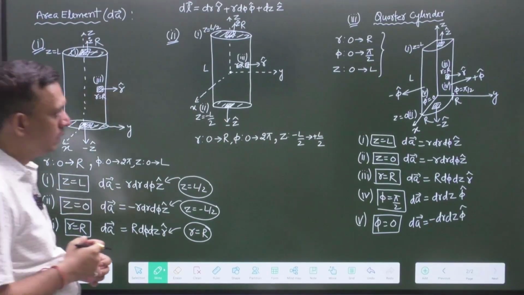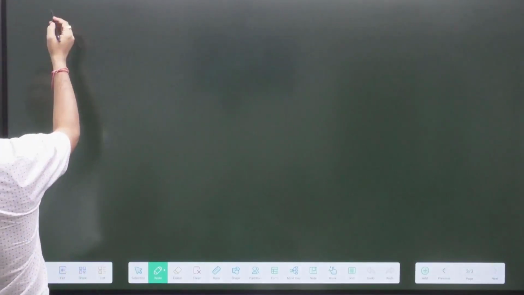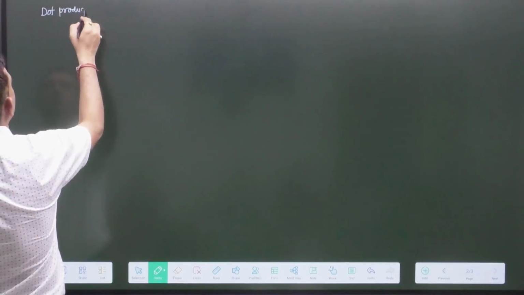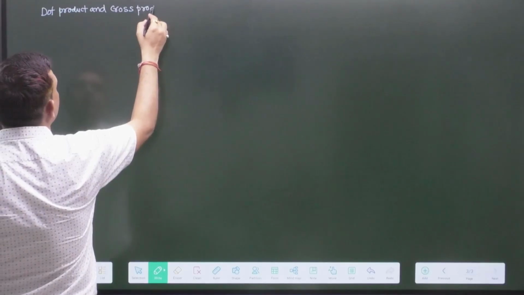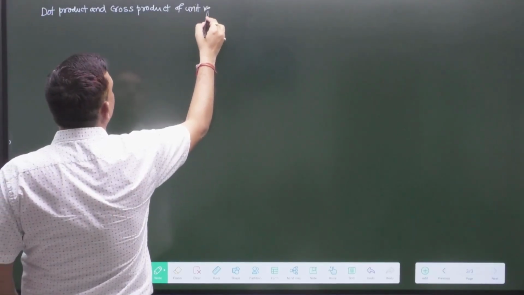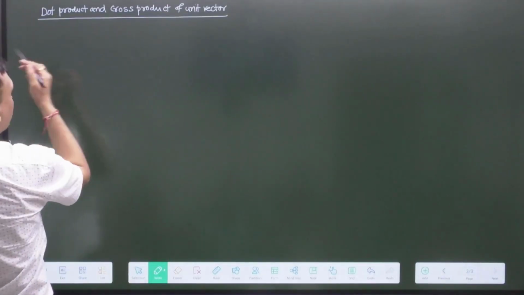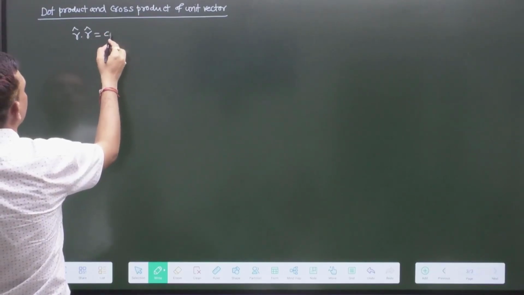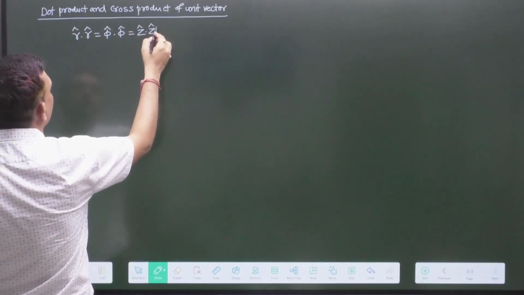Okay. Now you can write the dot product and cross product of unit vectors. In the same way, R cap dot R cap, phi cap dot phi cap and Z cap dot Z cap is 1.